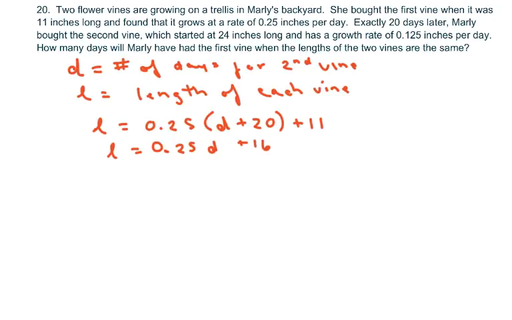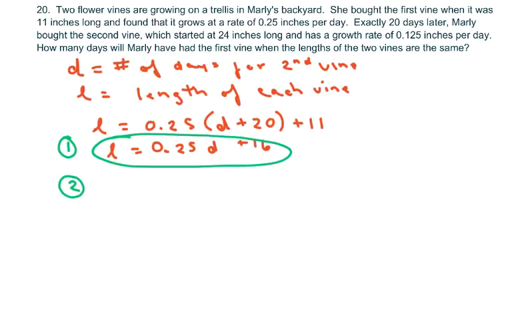All right? The second vine started at 24 inches and grows 0.125 inches per day. So that's the first equation, number 1. So number 2 is L equals 0.125 d plus 24.